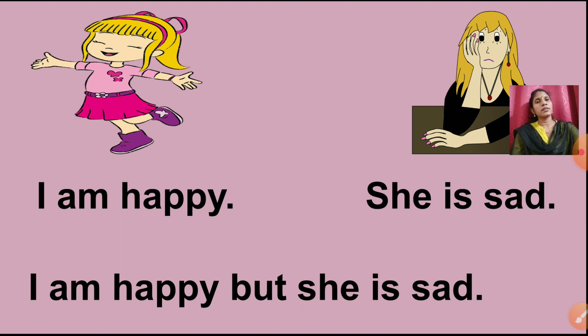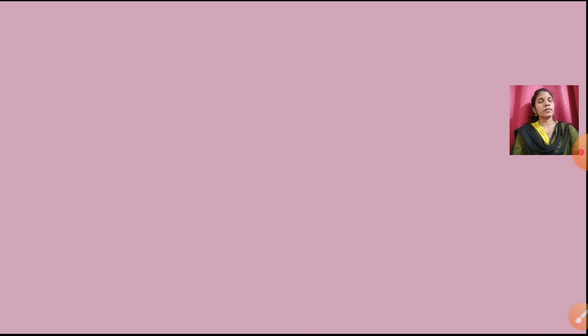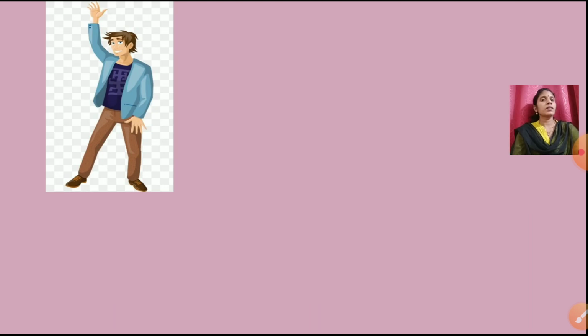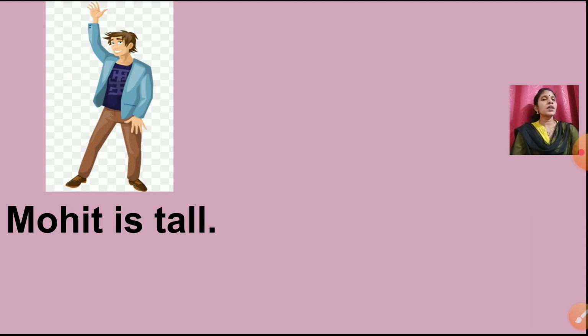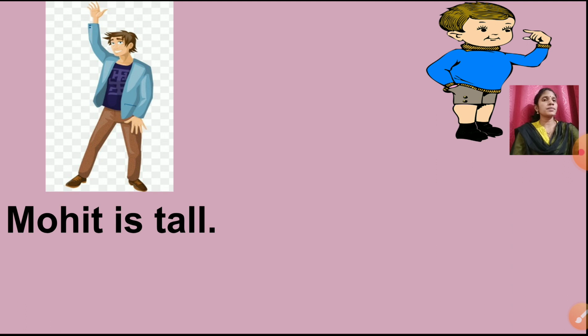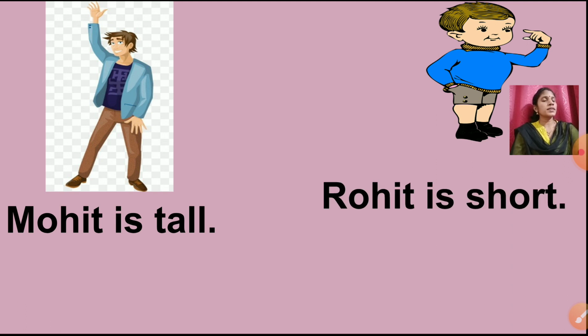Now the next example. Here Mohit is tall. And the next one, Rohit is short. Here again we are talking about two different persons, and their ideas are also opposite.